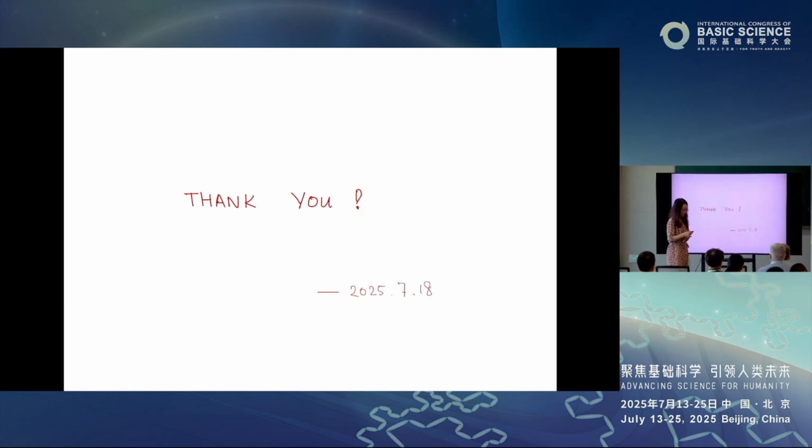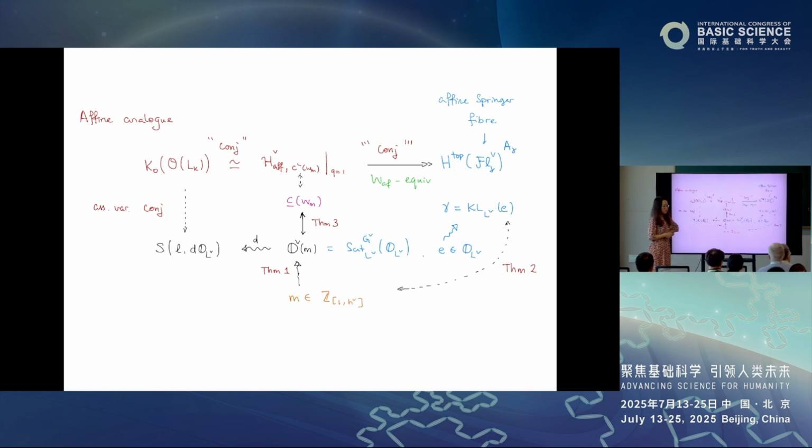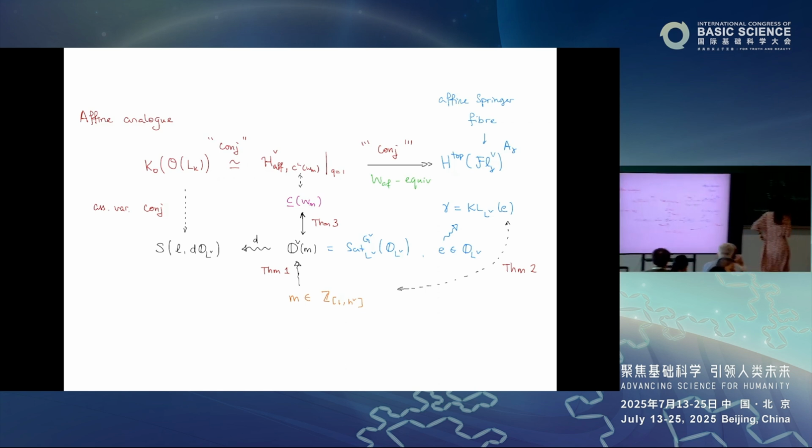That's a good question. There should be, but it's not clear at this point. So for rational, maybe I should say there's one case where all of this is clear, which is actually the starting point of this work: what is called admissible levels.